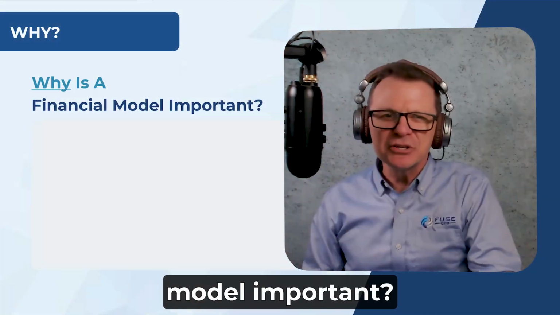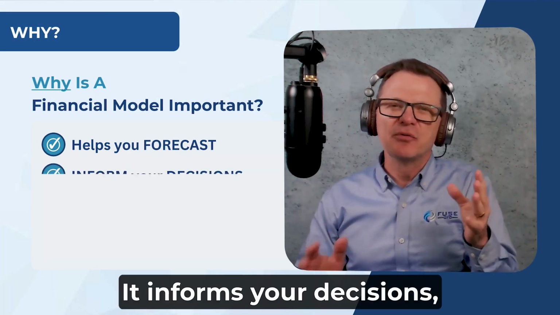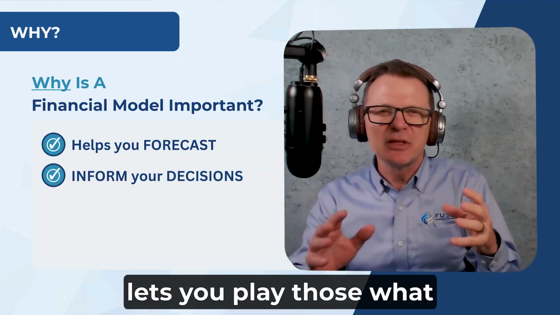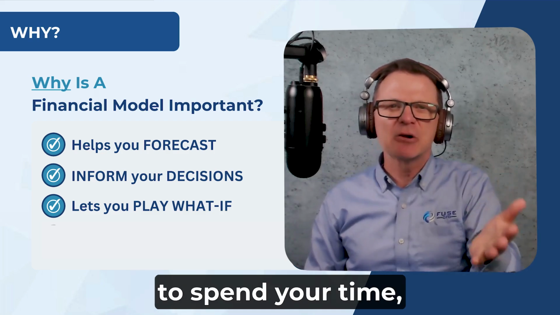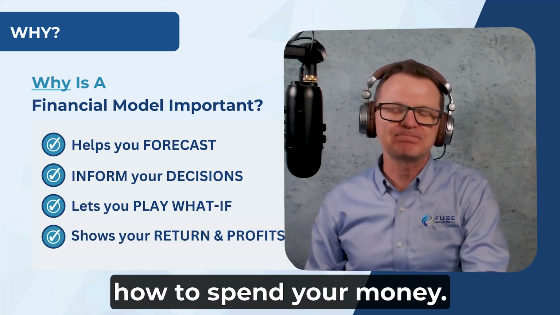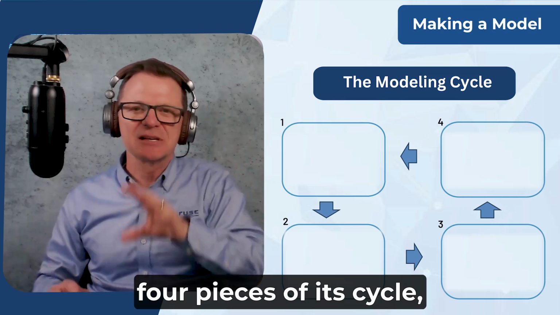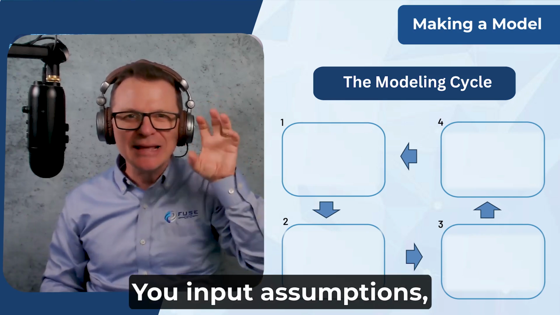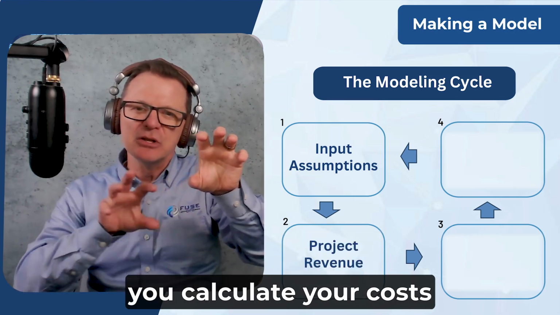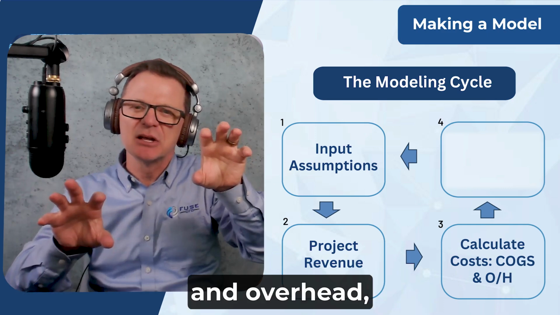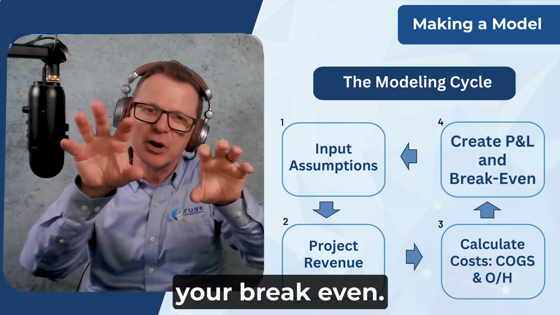So why is a financial model important? It really helps you forecast everything. It informs your decisions, lets you play those what-if games about your business to decide how to spend your time, how to spend your money. The financial model has 4 pieces of its cycle. Really important that you understand. You input assumptions, you project revenue, you calculate your costs and overhead, you show your profit and your break even.